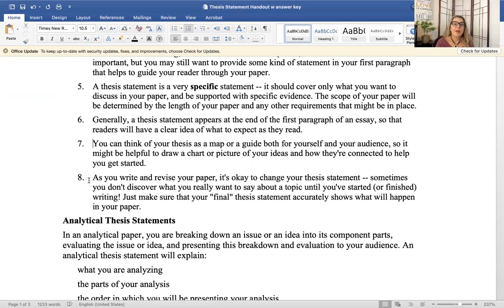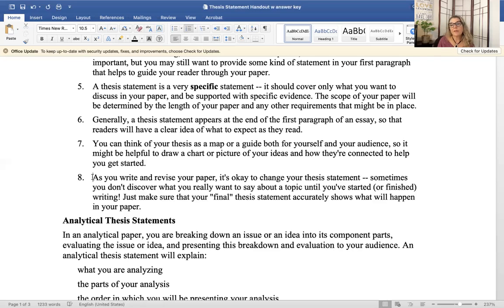Okay. And then the last one is number 8. It is okay to revise your thesis statement during the revision process. And I'm sure in this week's readings, you came across the working thesis statement. And a working thesis statement basically means it can change. A working thesis, a working draft, a working project, that means it's still evolving.